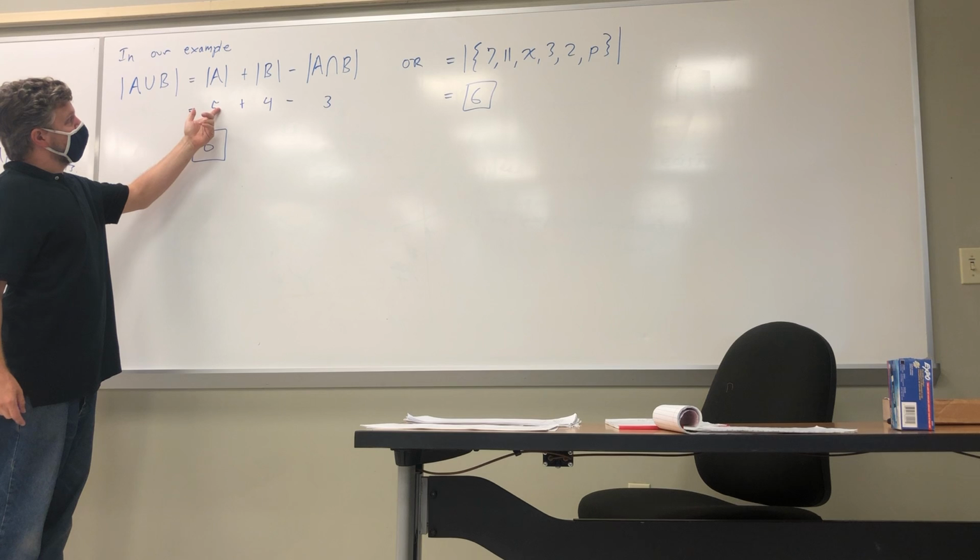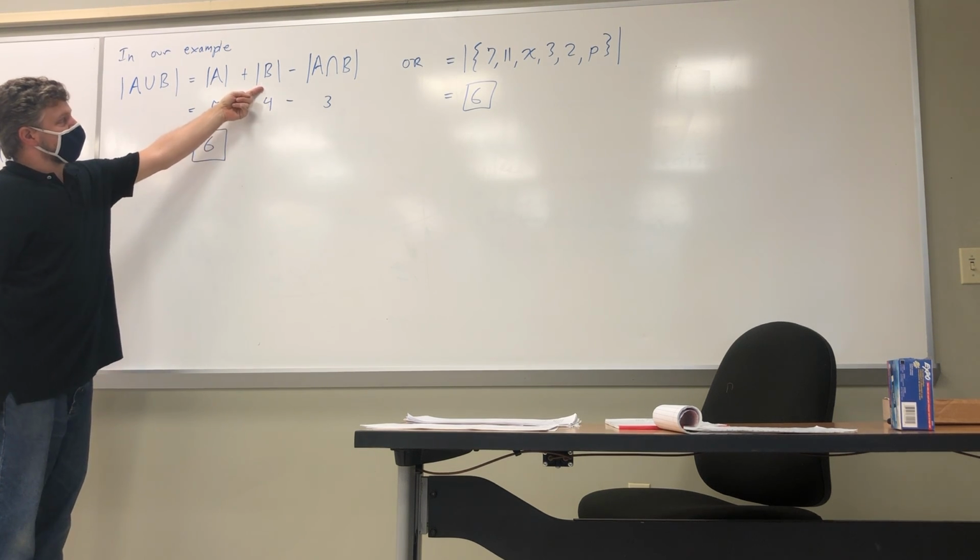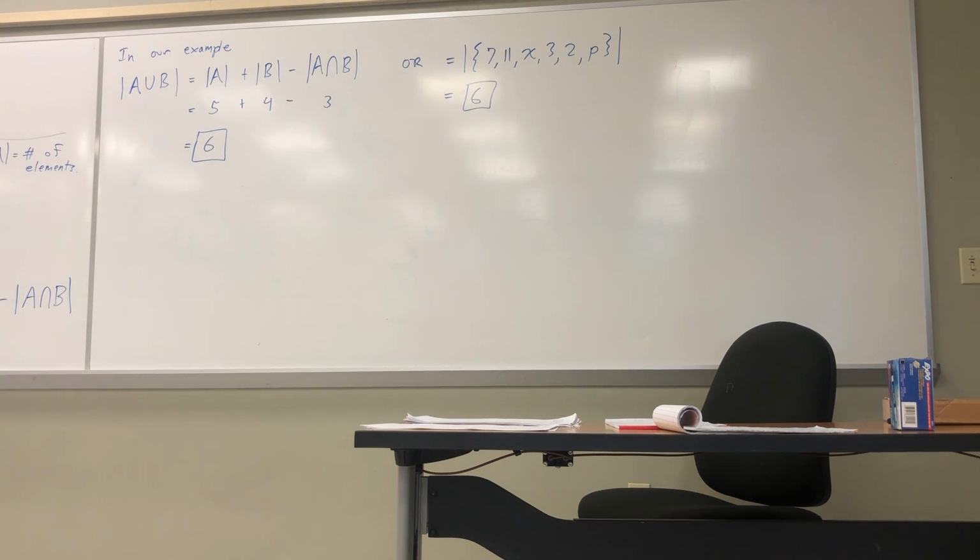If you count all 5 of these items and all 4 of these items, looking at the picture, I just counted everything in the big circle here, 1, 2, 3, 4, 5, and I counted everything in the second circle, 1, 2, 3, 4. But I just counted everything in the middle twice. So if you count all of A and all of B, you count the stuff in the middle 2 times.